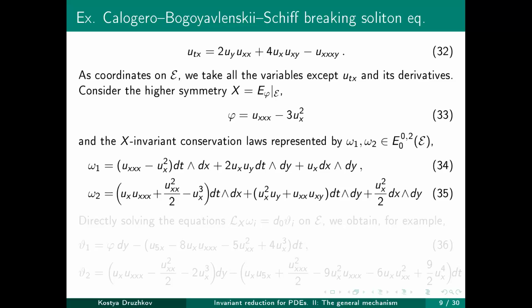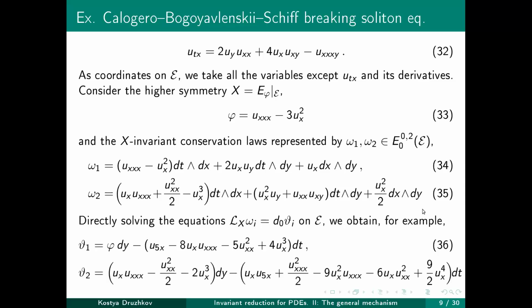Let's take the symmetry phi given by the formula 33. And let's take its X invariant conservation laws represented by differential forms omega 1 and omega 2 under the formulas 34 and 35. Directly solving the arising equations on the equation epsilon, we obtain, for example, the following potentials.